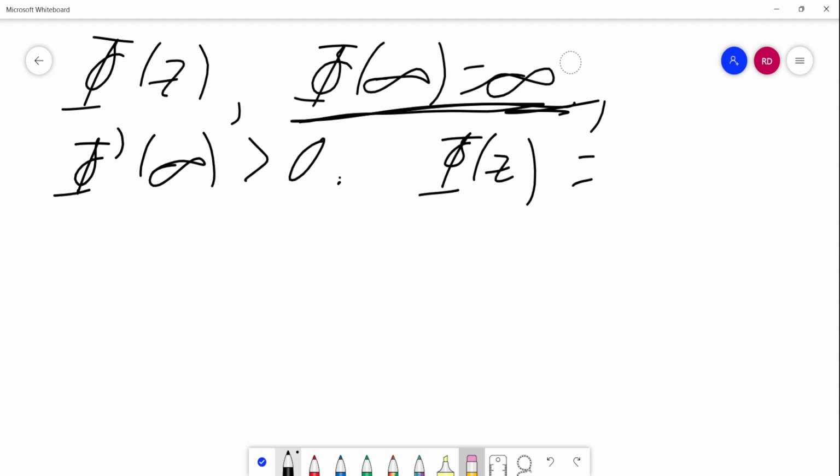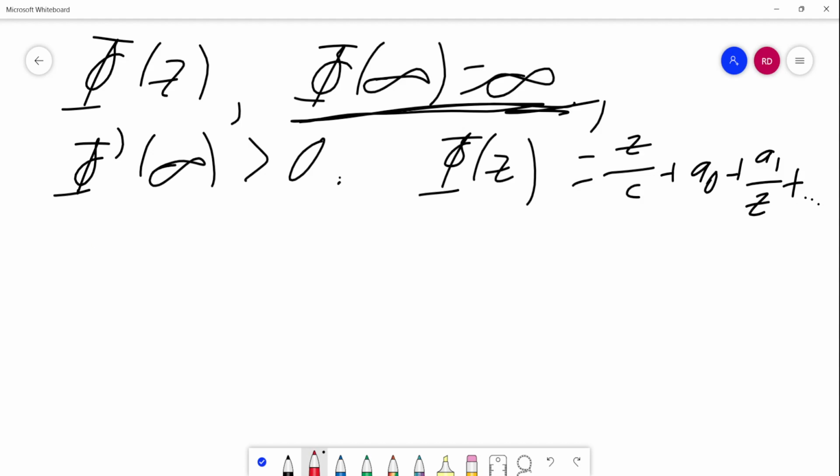And it will have to have this form: z over c plus a naught plus a1 over z plus dot dot dot. So it might have lots of negative power terms, but it's going to have exactly one positive power term, and that's a linear term. Why is that?